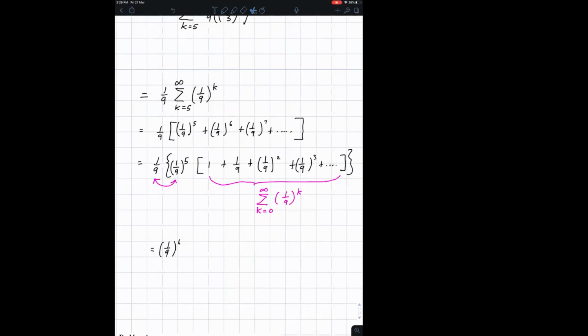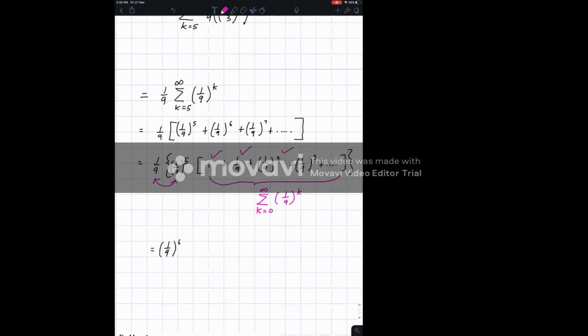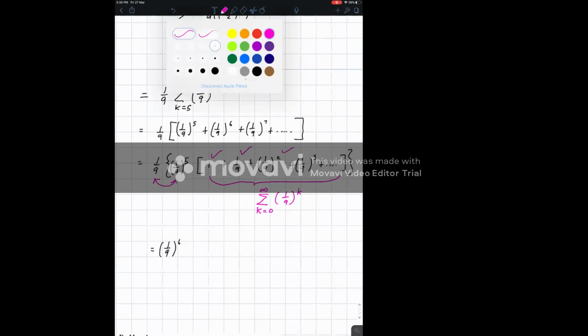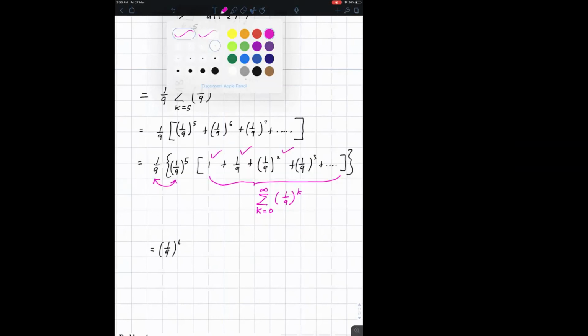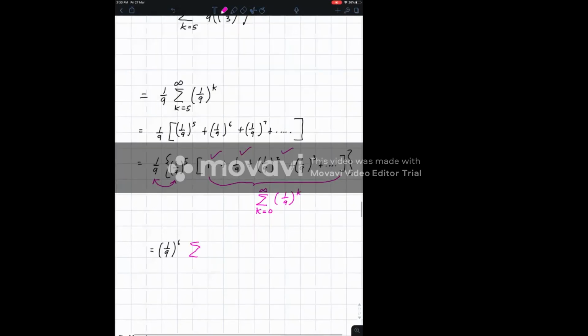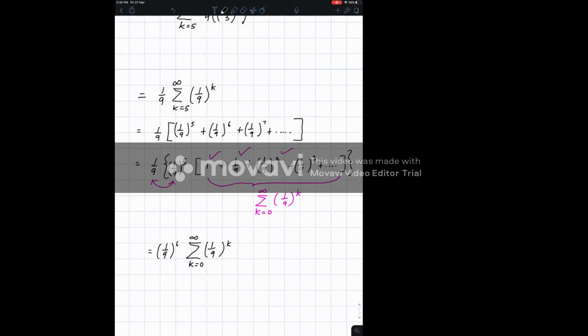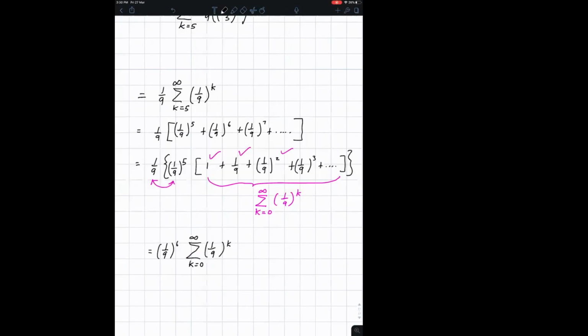When k is 2, you get 1/9 squared. And k is 3, do you see? Do you guys see? Yes, sir. So therefore, I can just replace the series of numbers with this summation.